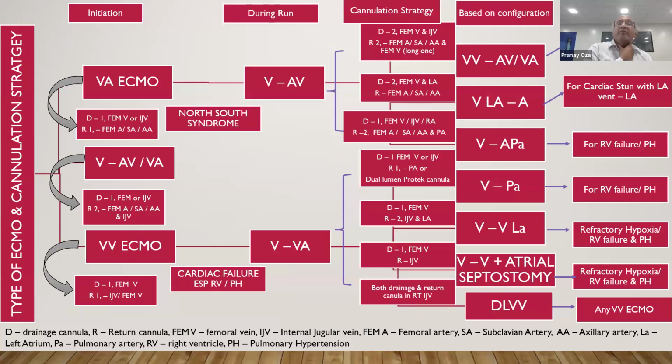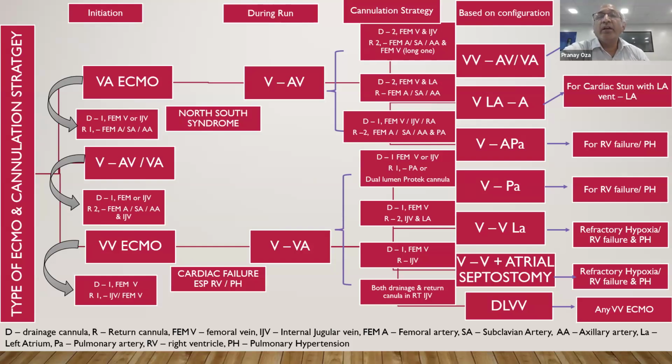Okay. And there are different permutations and combinations of VVA and VAV ECMOs, depending on the drainage and the return cannula, used in different situations. That was already discussed in detail by Rakesh yesterday.